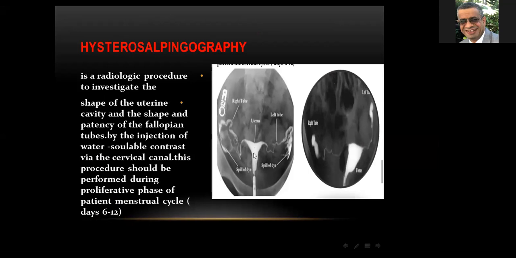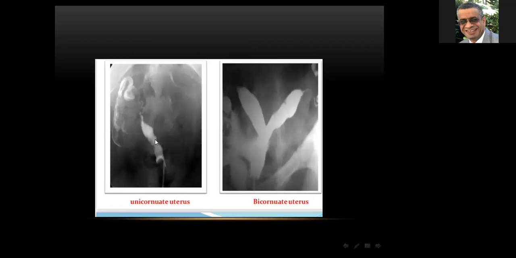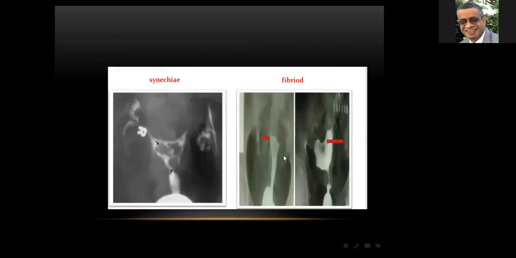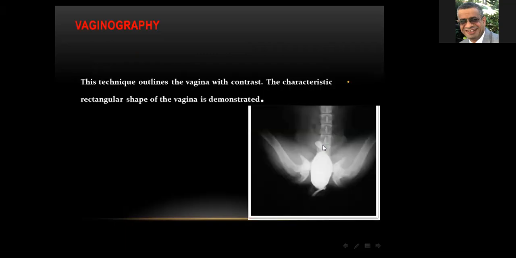Here there is the uterine cavity, both fallopian tubes, right and left, and dye spilling into the peritoneum. Here are some anomalies detected by hysterosalpingography: unicornuate uterus, bicornuate uterus, septated uterus and arcuate uterus. This is uterine synechia, and this is a fibroid.